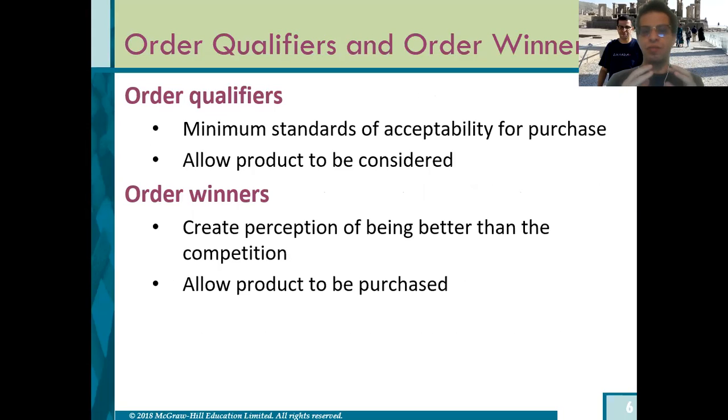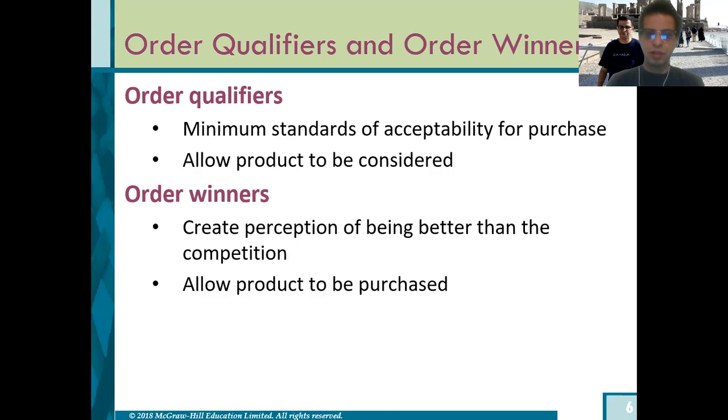There are two different things: order qualifiers and order winners. We need to differentiate these. First, we need to be an order qualifier, and then we find a way to be the order winner. An order qualifier is the minimum standard of acceptability for purchase, which allows the product to be considered.